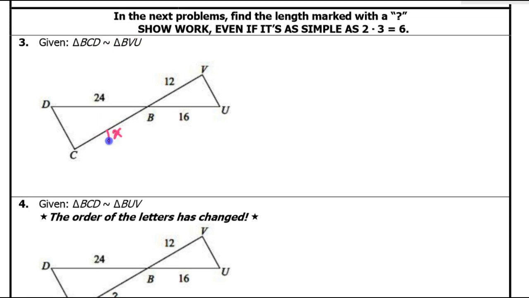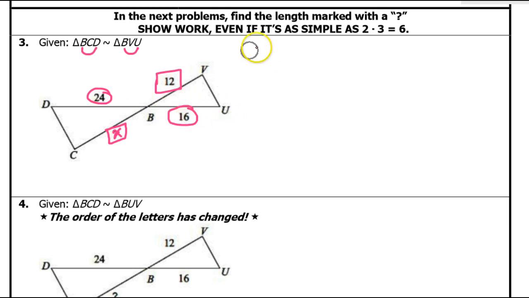So here's BC, and that's going to correspond to BV. So I mark them both with a square. On the other hand, BD corresponds with BU. So here's BD, and here's BU.